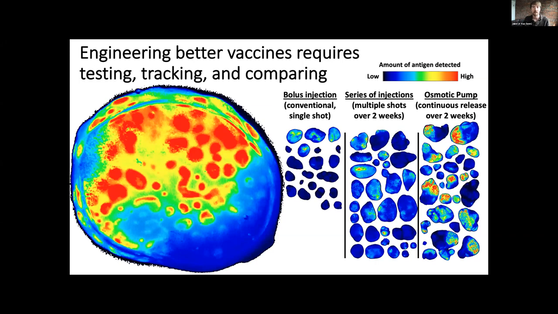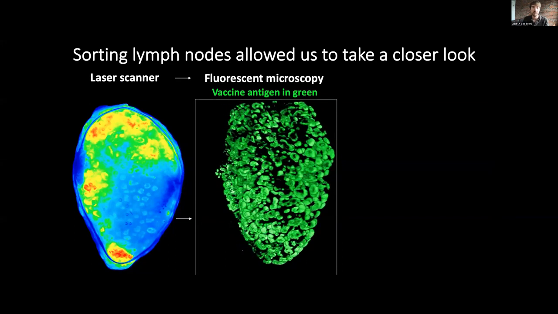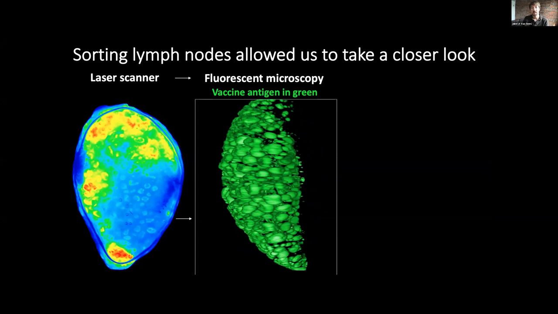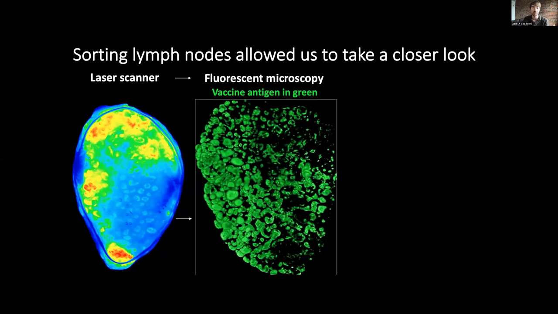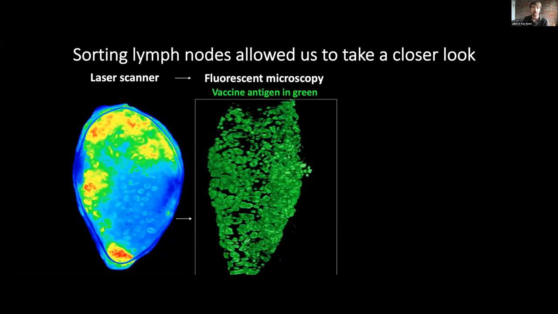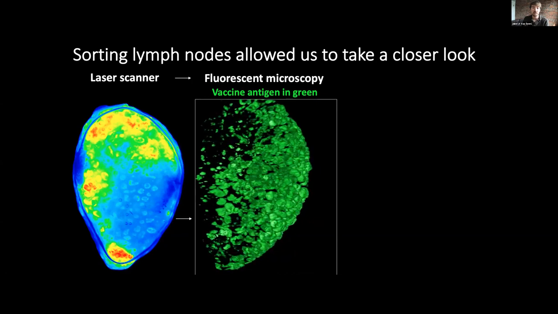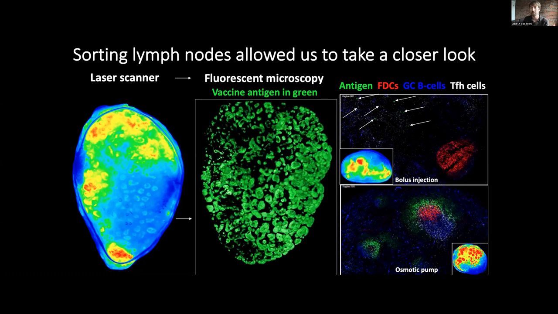So images like this from the flatbed scanner allowed us to focus on interesting samples, such as that one, and that therefore enabled me to use other kinds of fluorescent microscopy to confirm this unique antigen accumulation pattern and to see it in 3 dimensions that's shown here. The really interesting thing to me, though, is that we don't actually see the same pattern from the antigen delivered by the traditional bolus injection method.